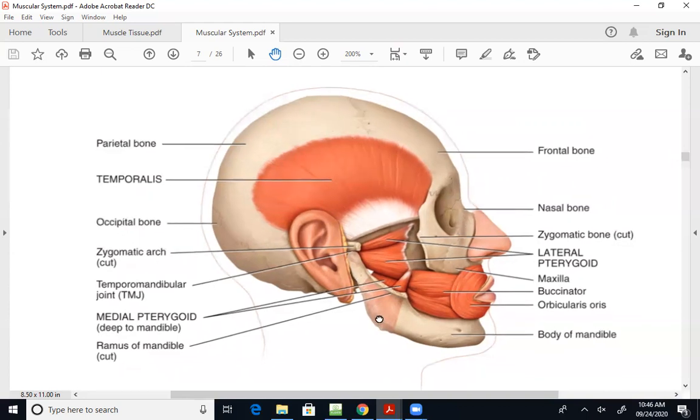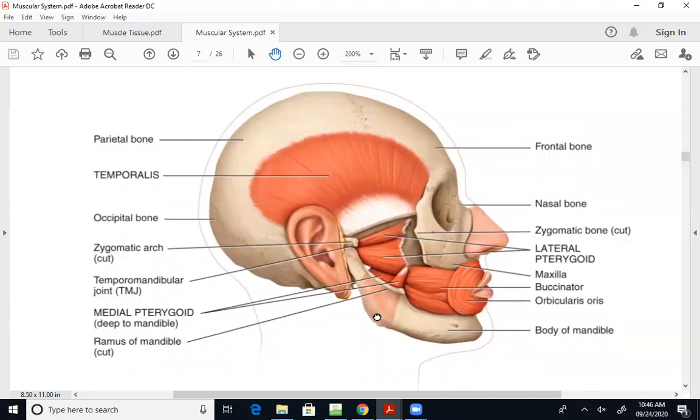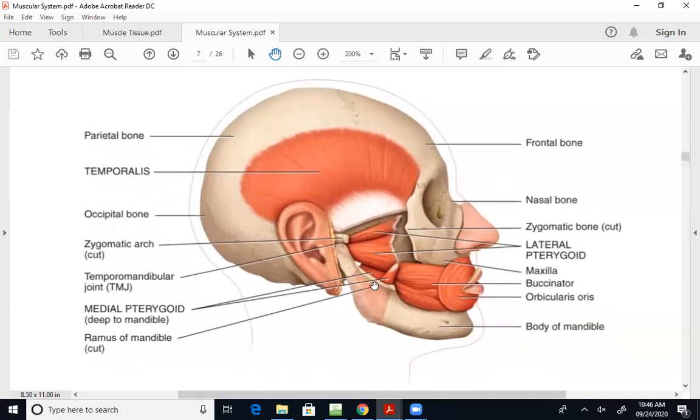Okay. Now, this image is also showing you really nicely what we call our buccinator muscle, a very, very important muscle. They call this the kissing muscle because it helps you pucker your lips. Okay. It's actually really important in babies because babies get their nutrients by suckling, right?